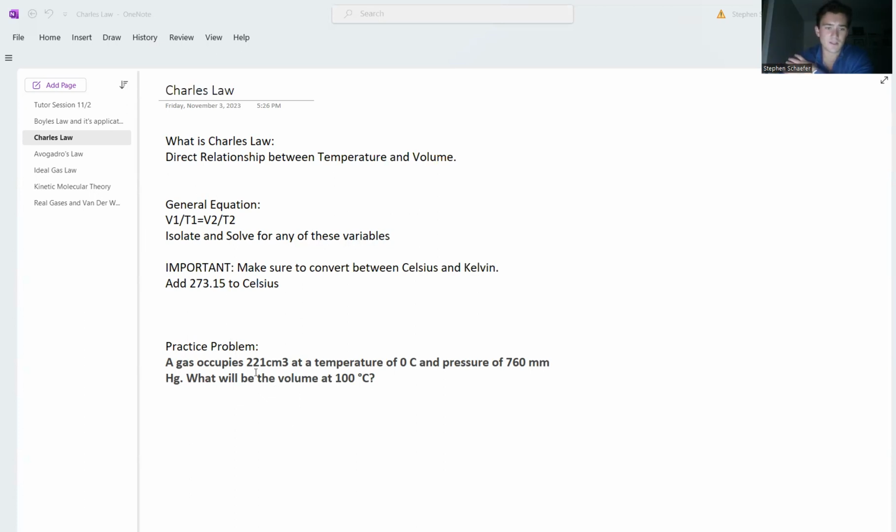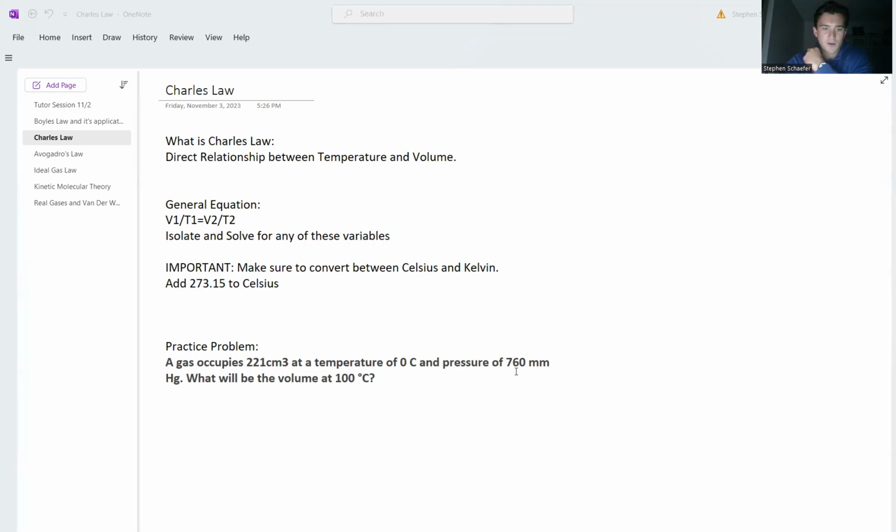So let's see. It looks like our 221 centimeters cubed slash milliliters is going to be our V1. Our T1 is going to be this 0 degrees Celsius, which we're going to later convert to Kelvin.